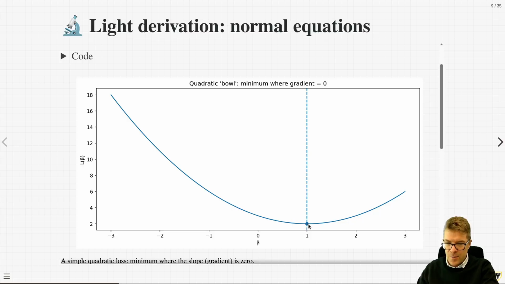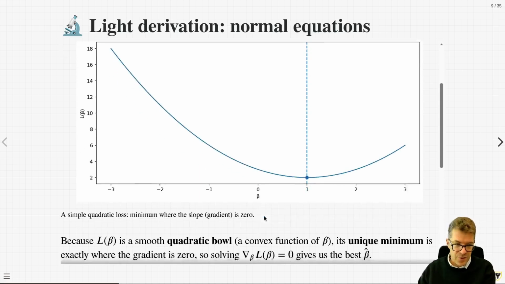At some point, we cross this point right here, indicated by this blue dot, and then the derivative becomes positive, and we start going up this curve, higher and higher. So there's one exact point where the derivative, going from left to right, goes from being negative to being positive. That's when the derivative is 0, and that's the setting of beta which gives us the lowest loss.